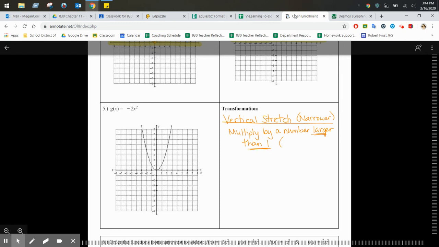Or in other words, A is greater than 1. I get a vertical compression, or it's getting wider, when I multiply by a number less than 1.